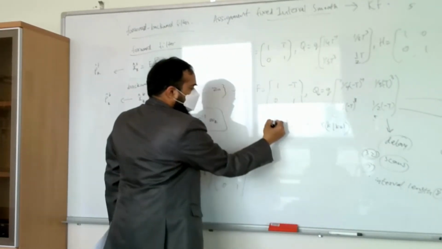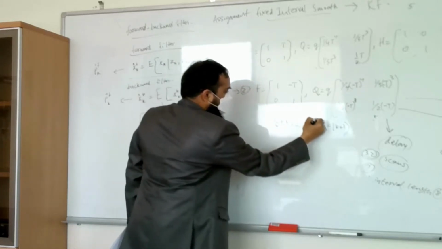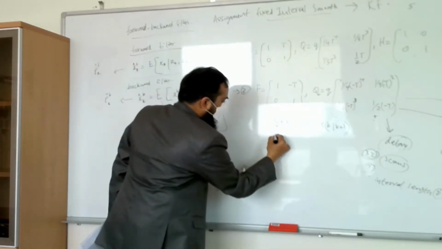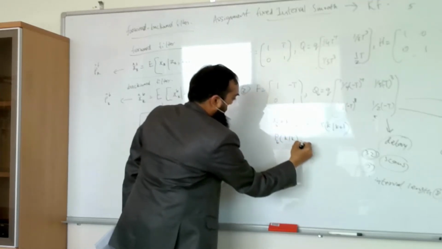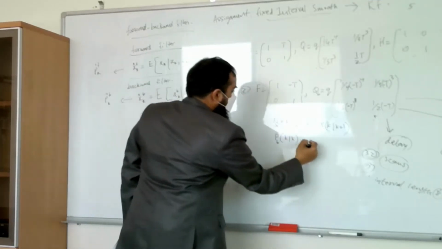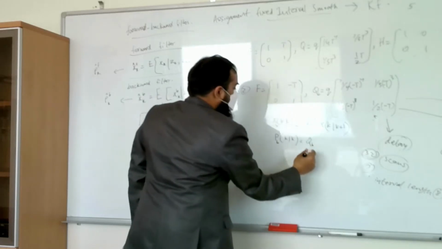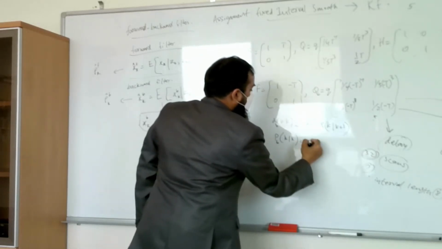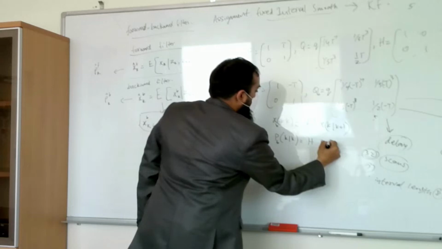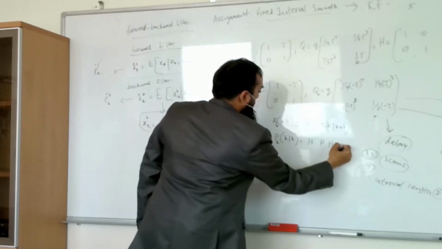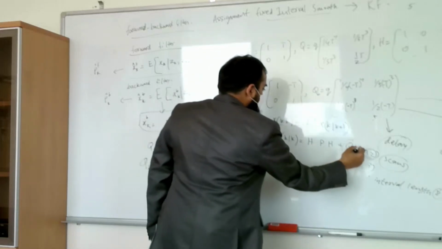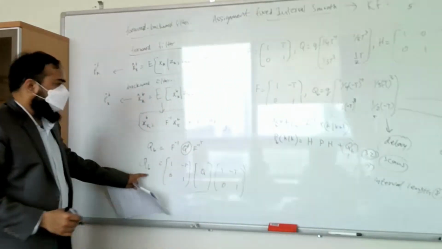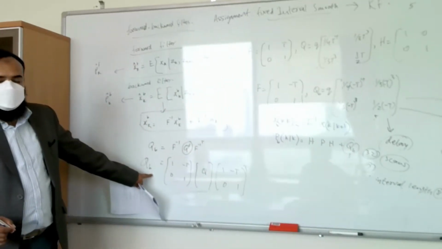So in the case of backward you have to use this one, and for the covariance you have to use this one, H P H transpose plus Q_b. So this Q_b is this one here.